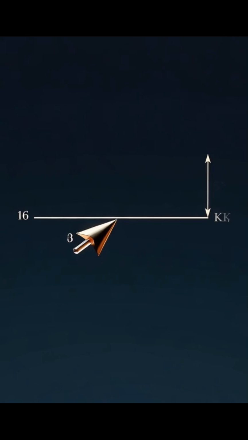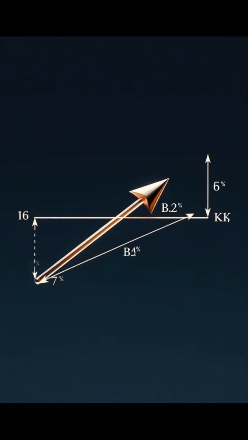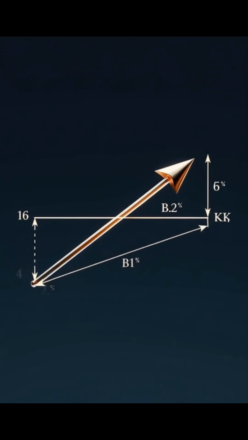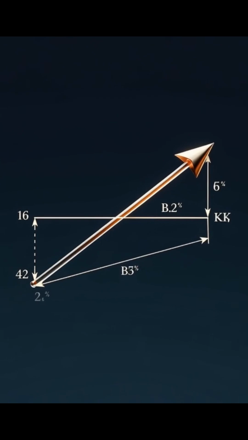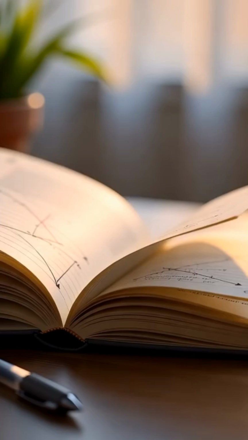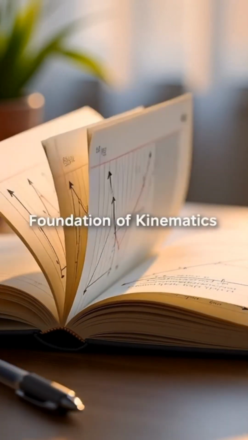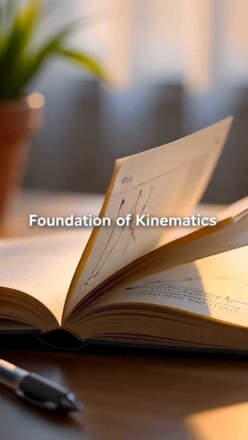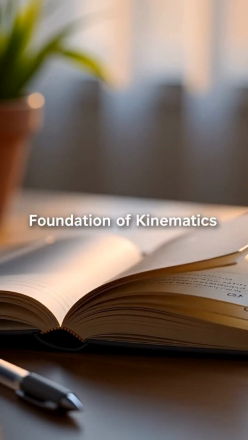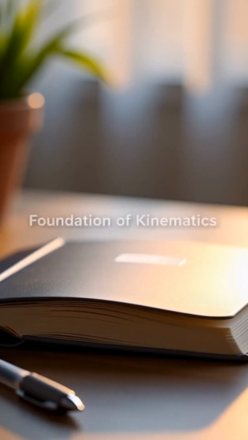One simple graphical method of vector addition is the head-to-tail method. In this method, the tail of the second vector is placed at the head of the first vector. The vector drawn from the tail of the first vector to the head of the last vector represents the resultant. This method helps us understand both magnitude and direction visually.